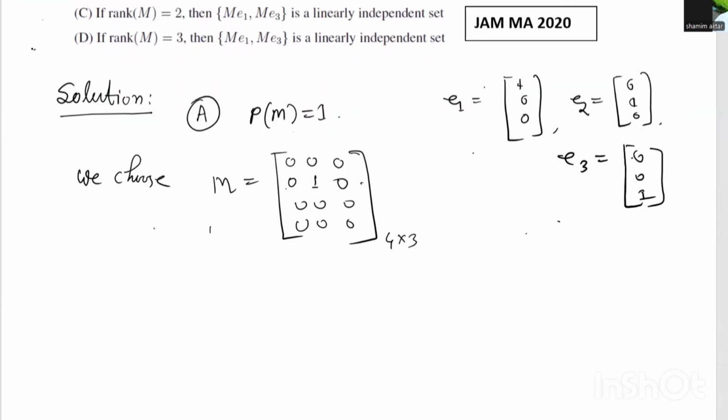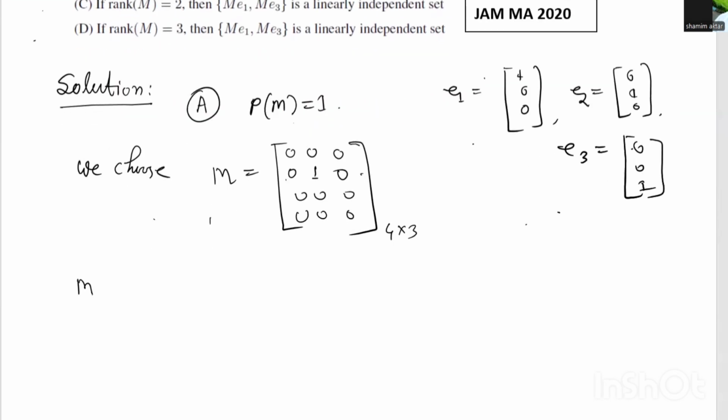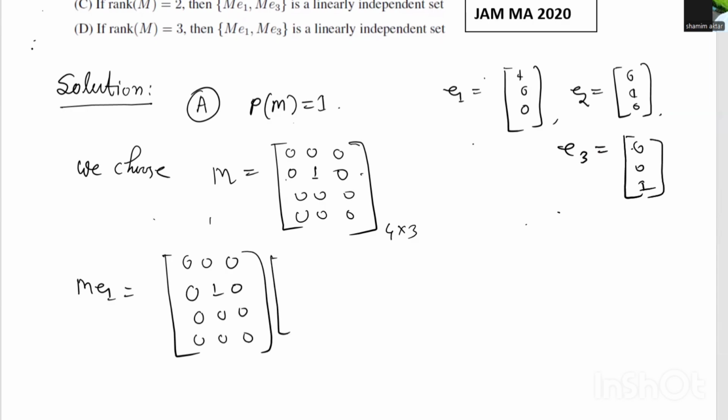Now M into E1 is equal to the zero vector.